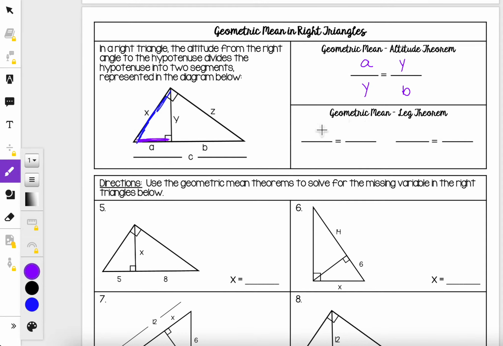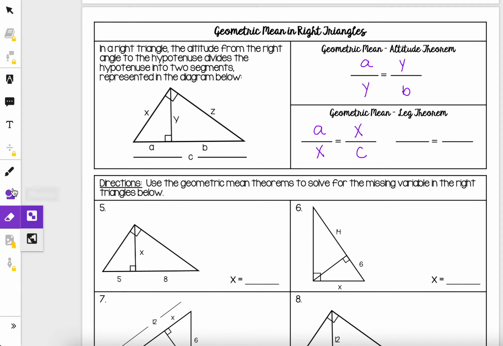So if I write that out, that's A over X. And then if I'm looking at my big right triangle, my short leg is X over the hypotenuse, which is that length C. So that's going to be equal to X over C. And again, I see I have that geometric mean proportion where X is the geometric mean between A and C.